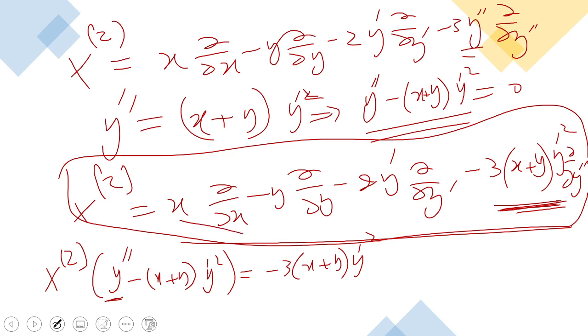Now I will operate x on x. So that means there is a minus sign and x with y dash square. And I will operate it on y. So minus minus will be plus. I will get y here and y double y dash square.